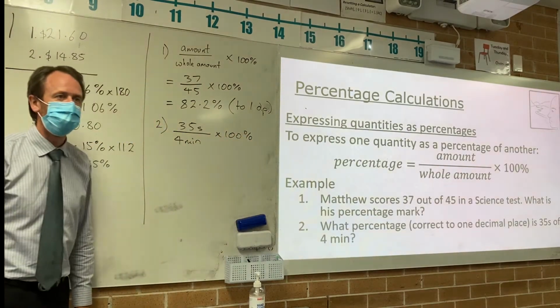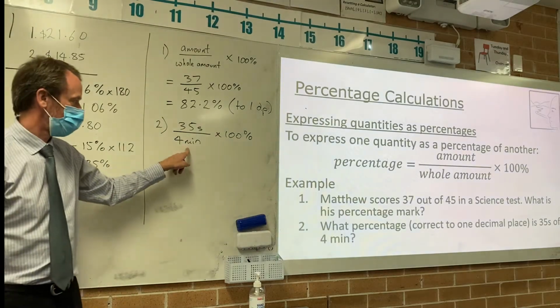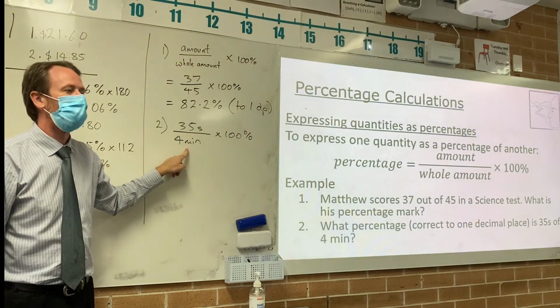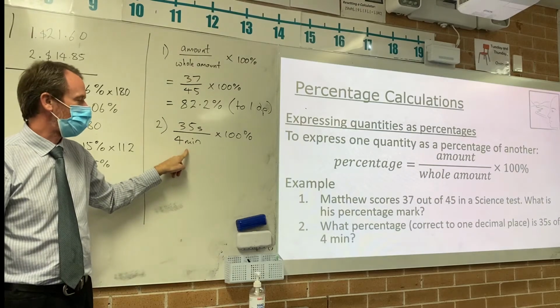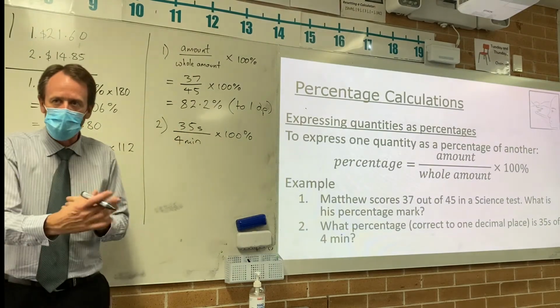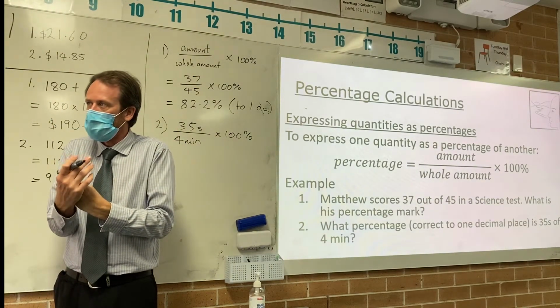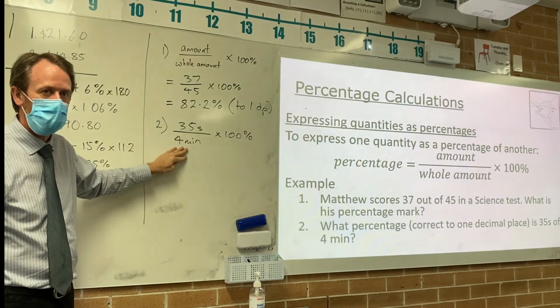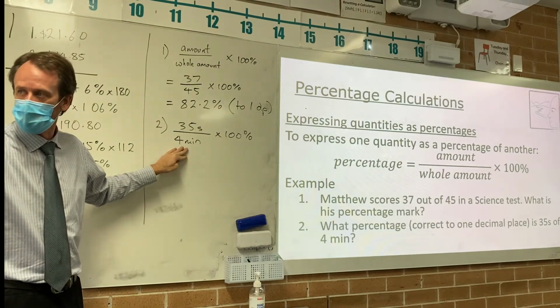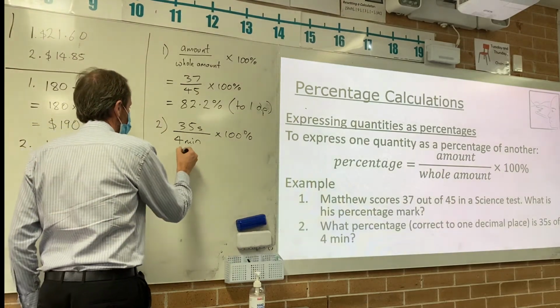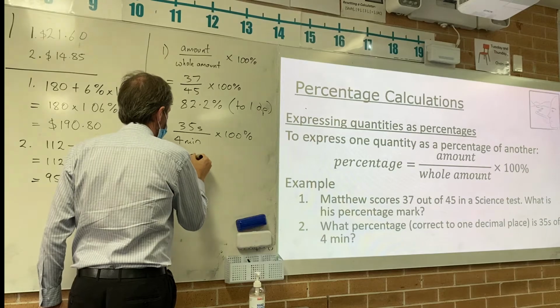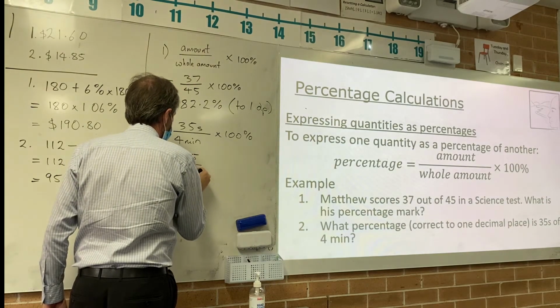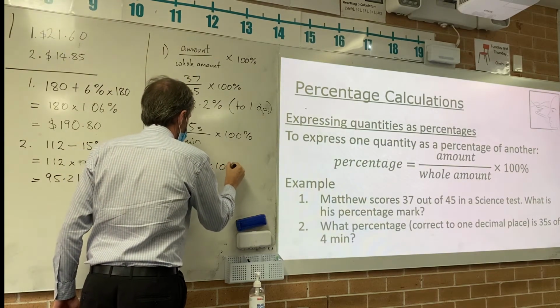What's my problem? You need seconds, because this percentage is not comparing the same measurement. So we need to know how many seconds in 4 minutes. 240. Good. So we can change that now to 35 over 240 times 100%.